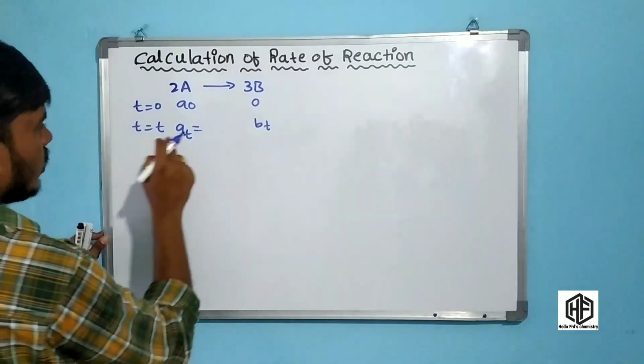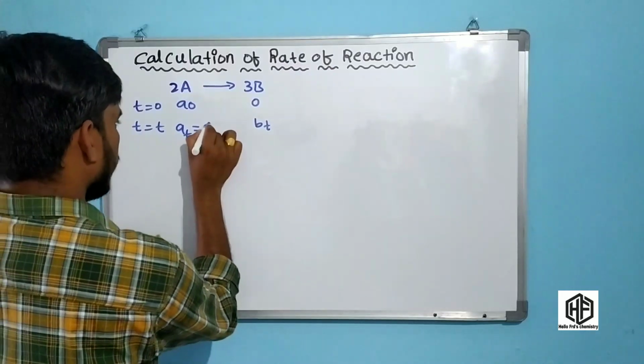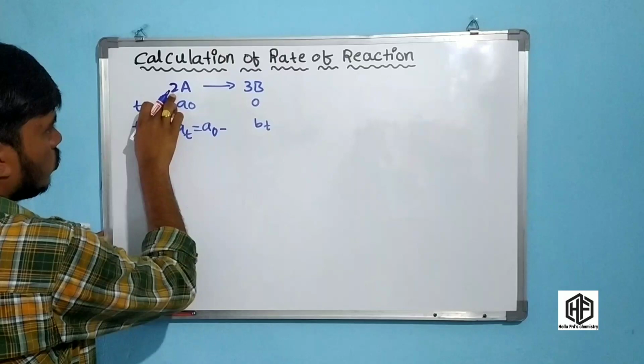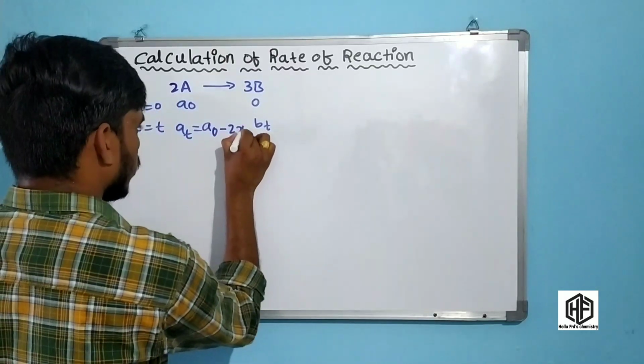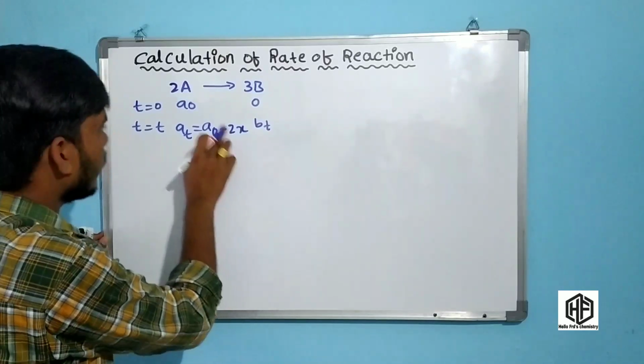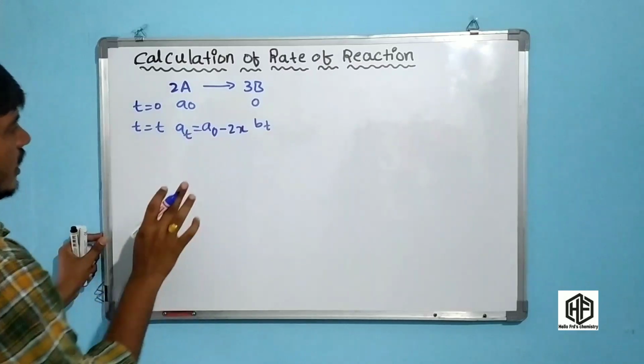Now what happened there, friends? In this example, the stoichiometric coefficient is present. Now At is equal to A naught minus, the stoichiometric coefficient is 2, so this is 2x. For example, if it is 3, this is A naught minus 3x, and if it is 4, this is A naught minus 4x. This is the general basic concept.